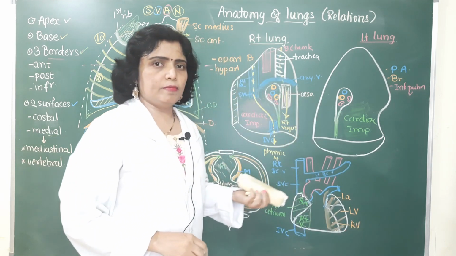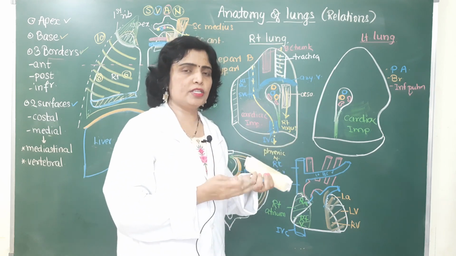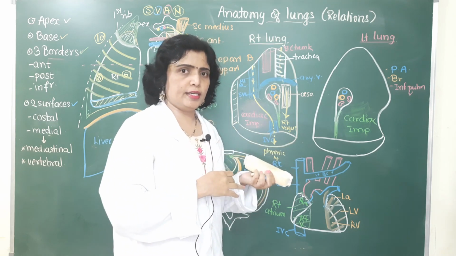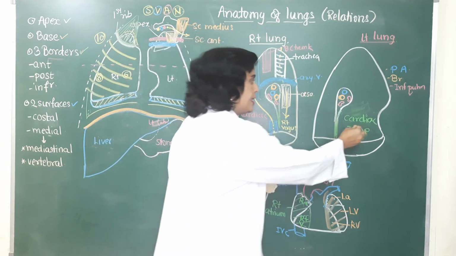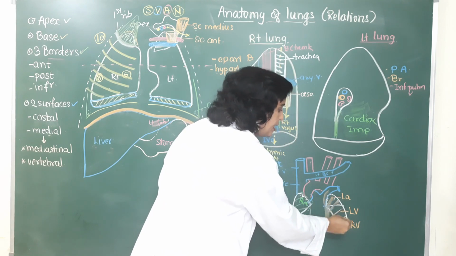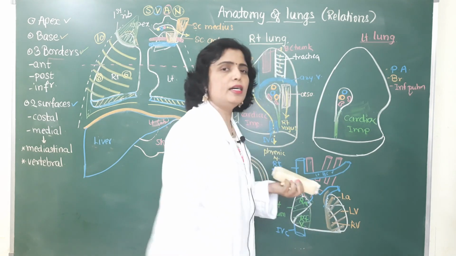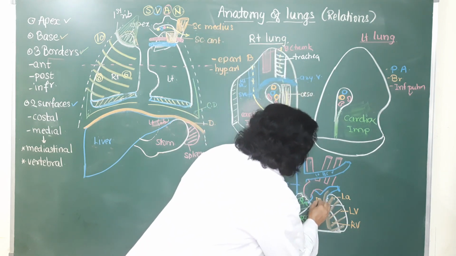Do remember the right atrium is not in relation to the cardiac impression, it is more on the posterior aspect and will not be related to the left lung. So the cardiac impression of the left lung is related to the left auricle, left ventricle, and part of the right ventricle.